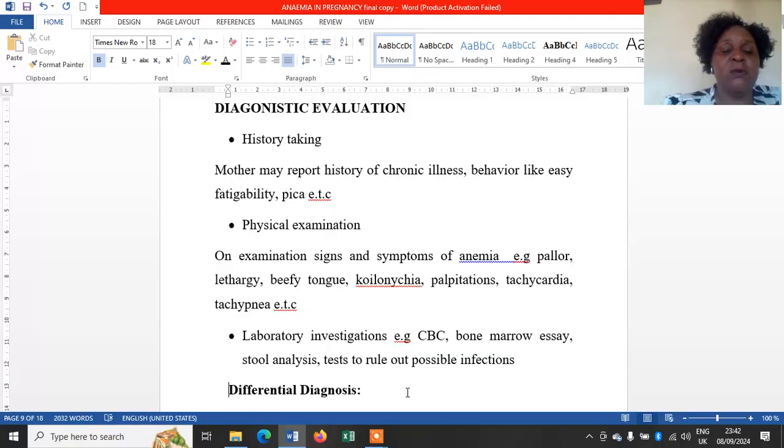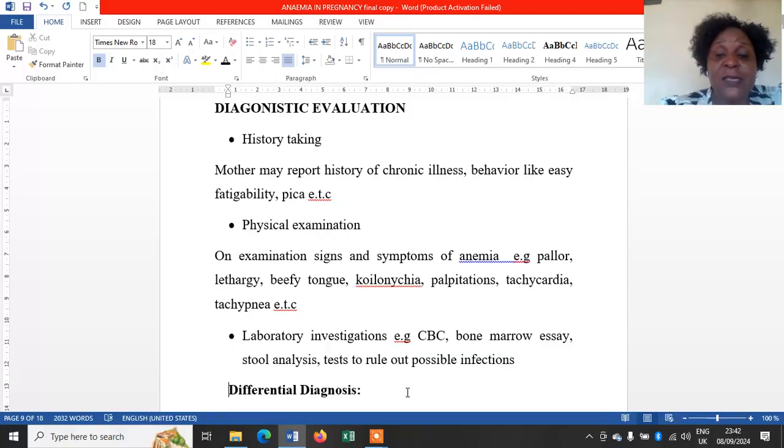So this is one part of the diagnostic evaluation when you start to think about whether this mother may be having anemia. Then from that, we go to our objective data, that is physical examination.